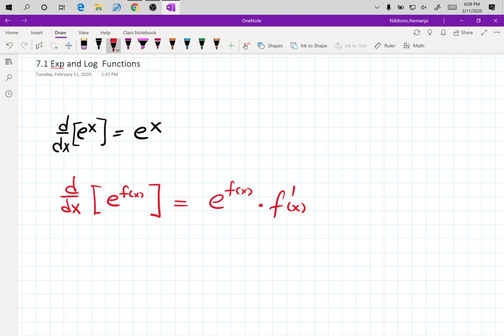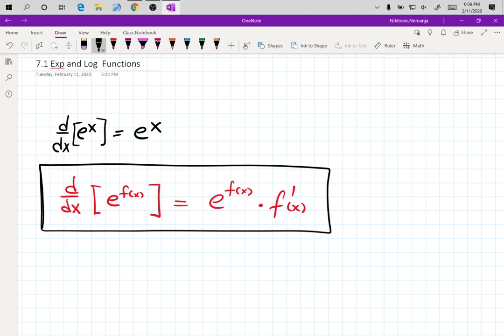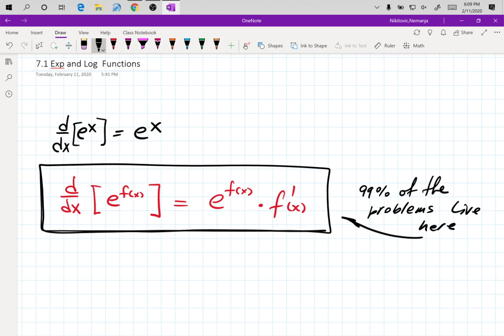That's your basic chain rule, stuff you know from Calc 1. And I'll say 99% of the problems live here. Right? That's it.